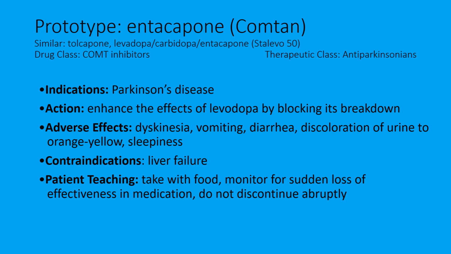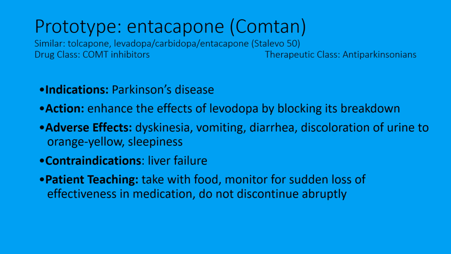And lastly, sure, you can have discoloration of the urine, kind of an orangey yellow color in about 10% of people. That's not an important adverse effect. It has no clinical relevance. So maybe mentioning it is worthwhile so that the patient isn't surprised, but it doesn't cause any harm.